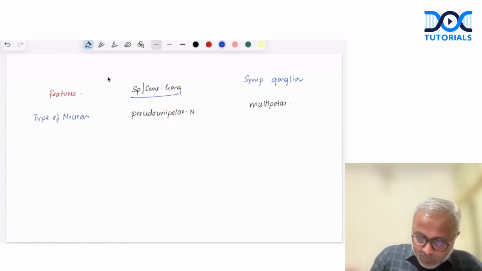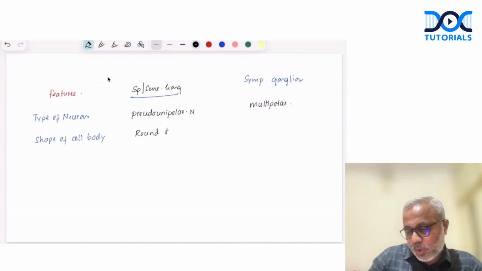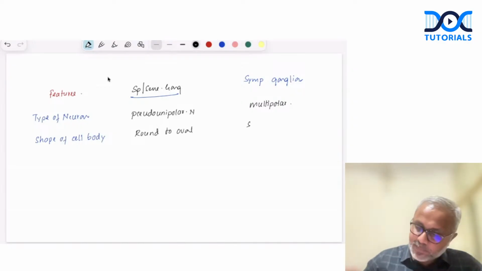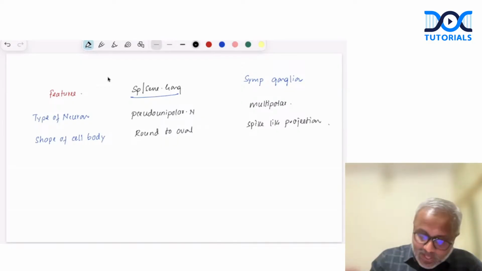The second thing, what is the shape of the cell body, right? Here it is round to oval, whereas here it has spike-like projections. And why spike-like projections? This is because of multipolarity. Then, what about the size?